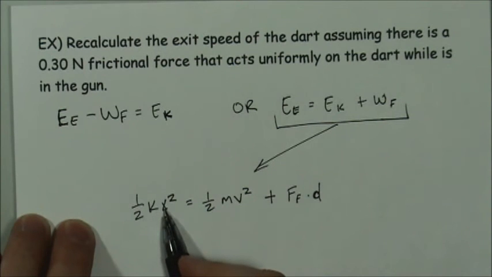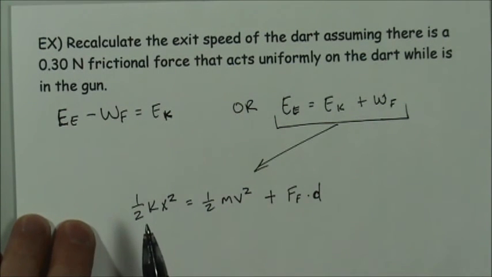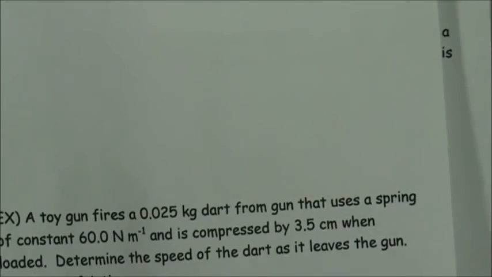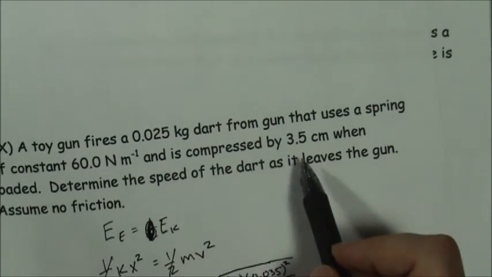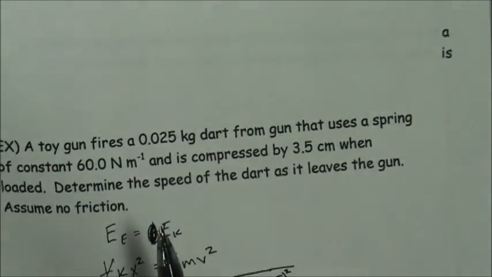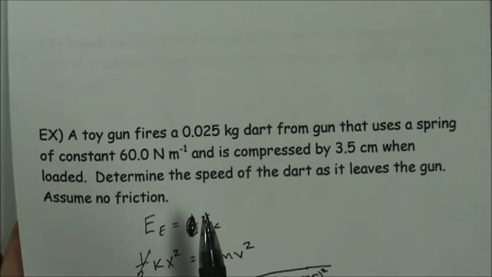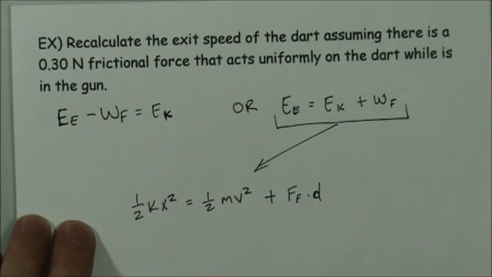So the distance that you compress the spring, that's also the distance along which the frictional force is going to be able to act. And just to remind you from the previous problem, that compression was 3.5 centimeters, the mass of the dart is 0.025, and the spring constant is 60 newtons per meter.